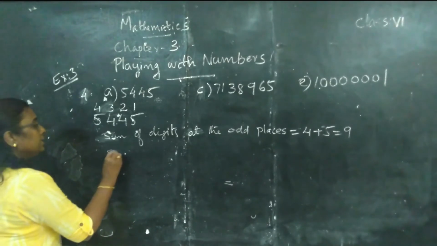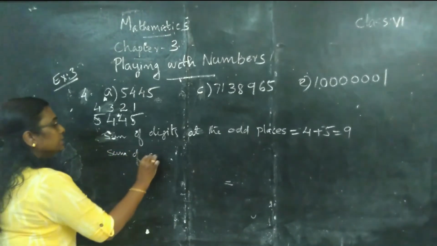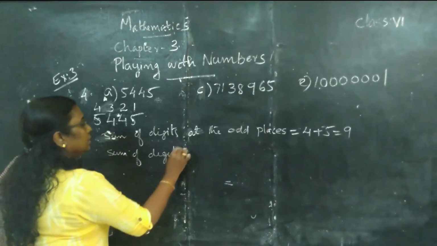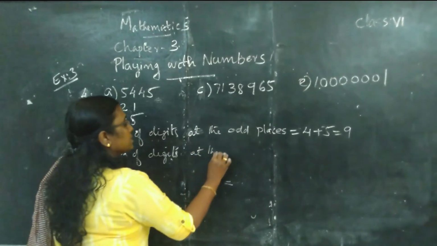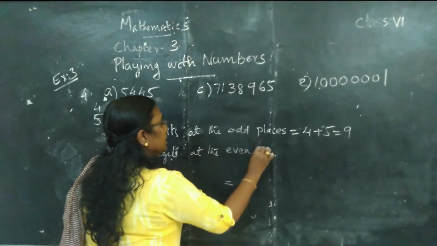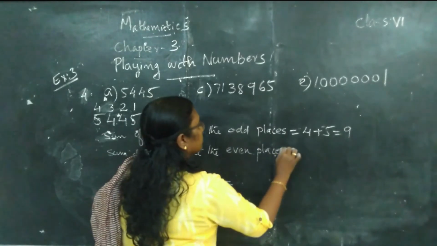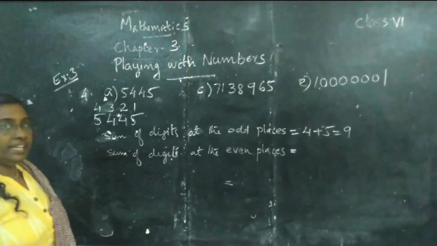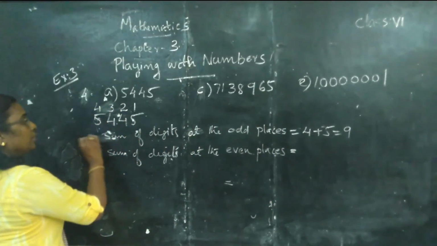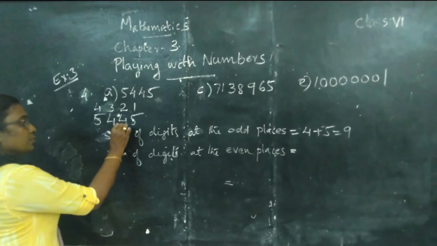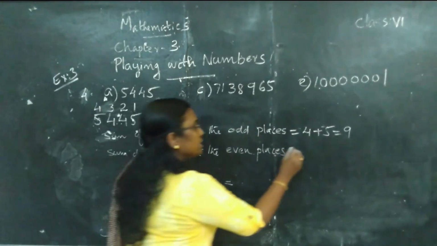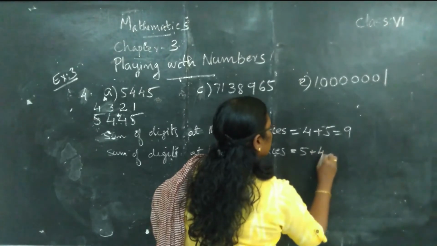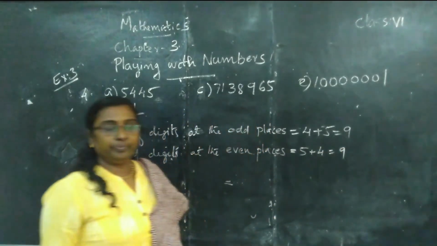Then find the sum of digits at the even places. The even places are 2 and 4. The corresponding digits are 4 and 5. So the sum is 5 plus 4 equal to 9.